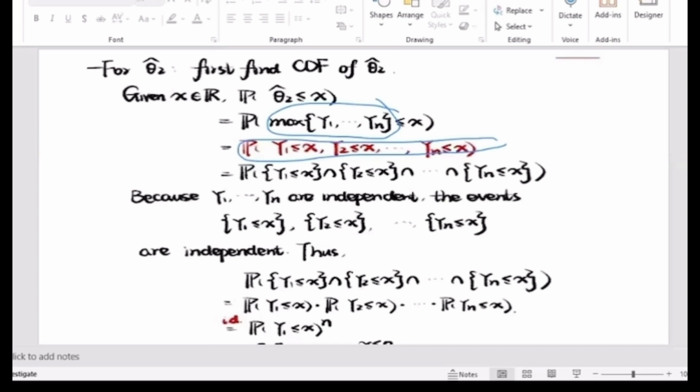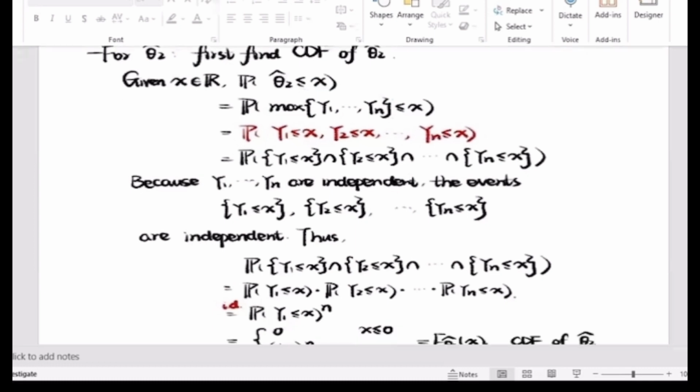Because they are independent and identically distributed, without wasting my time, I can just write one and raise it to the power of the sample size. That was why I can do that. So the probability of y less than or equal to s, raised to power n.